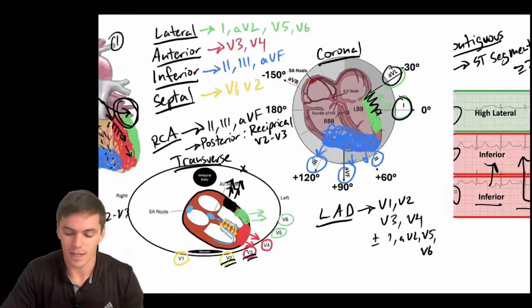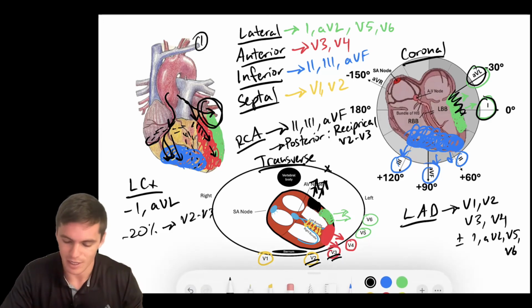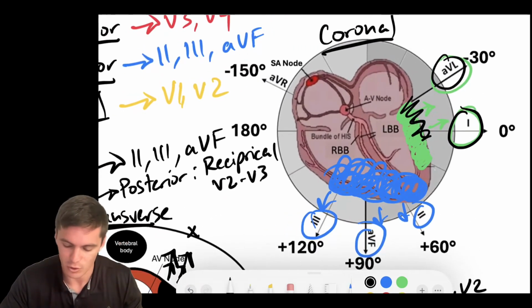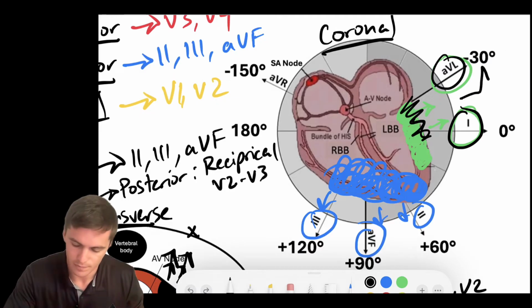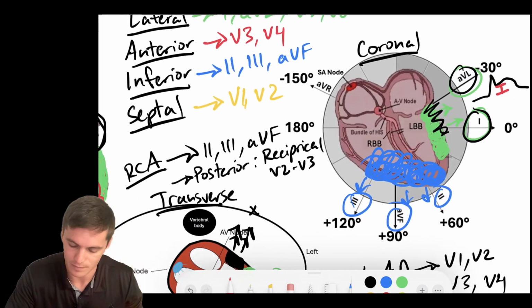So what I mean by that is if I zoom in on this coronal view, if I have ST segment elevation in leads 1 and aVL, there's my ST segment elevation. That's a really bad drawing. Let's do that again. ST segment elevation, right? Notice my ST segment here is elevated. I should see ST segment depression in the opposite leads, maybe over here in the inferior leads, lead 3, where I see ST depression.